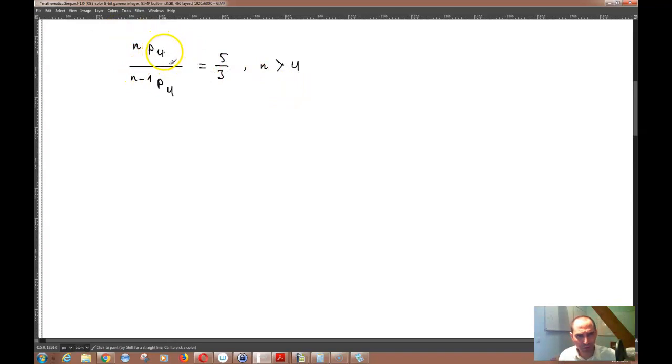So basically, to rewrite this, nP4 is the same thing as n factorial over (n minus 4) factorial. Write this properly.